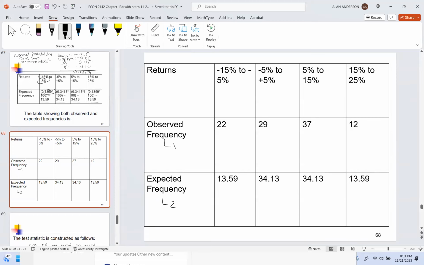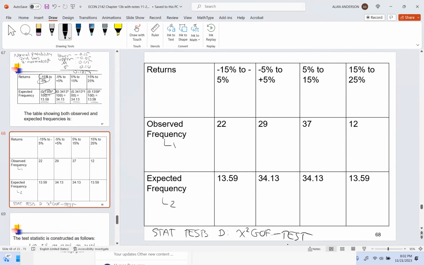So when they're done, remember what you're going to do is after you enter them, you hit stat tests. I think it's D. Let me just double check. Yes, it's D, goodness of fit test. Now, in this case, the degrees of freedom, I'll write it in here. M is 0 because we didn't calculate anything from the data ourselves.